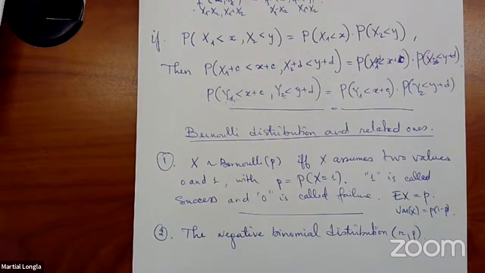The variable that is equal to the number of successes is called the binomial variable.